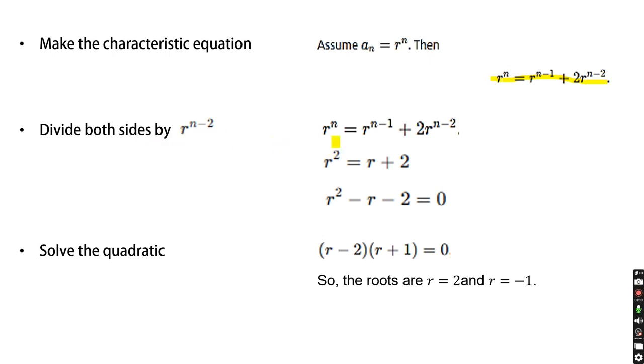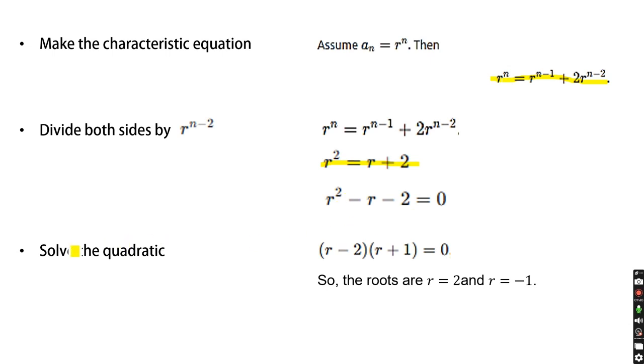After dividing both sides, we have derived this equation. After that we will combine like terms. So we have r squared minus r minus 2, with the minus signs because we have done the transposition method. So we have r squared minus r minus 2 equals 0.